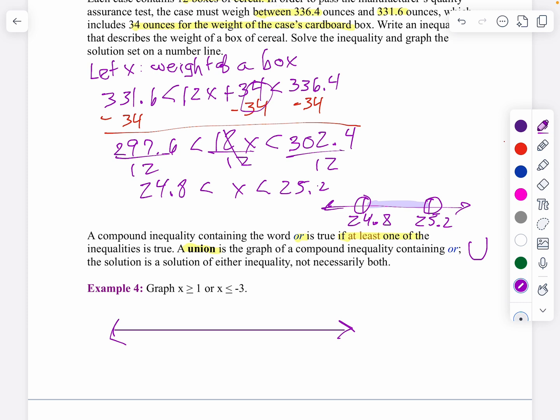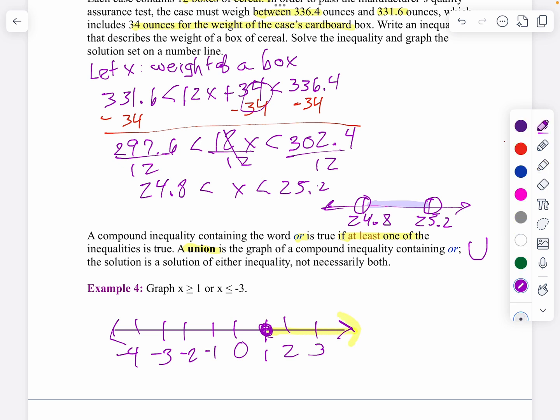So notice I have to have 1. I have to have negative 3. Notice I can have some other numbers too. But x is greater than or equal to 1. And I'll shade to the right. Notice I don't even care about the other one right now.